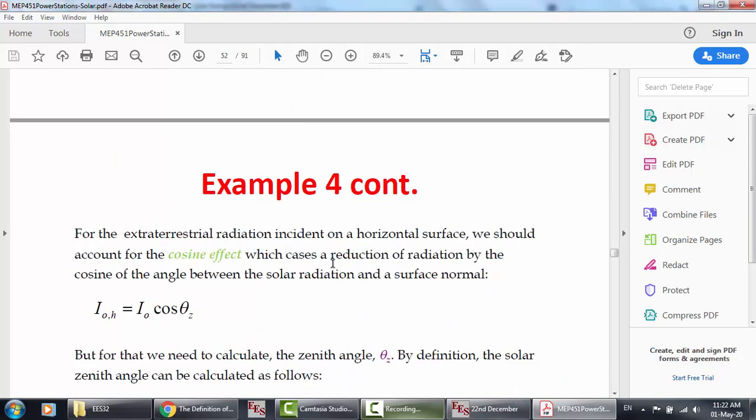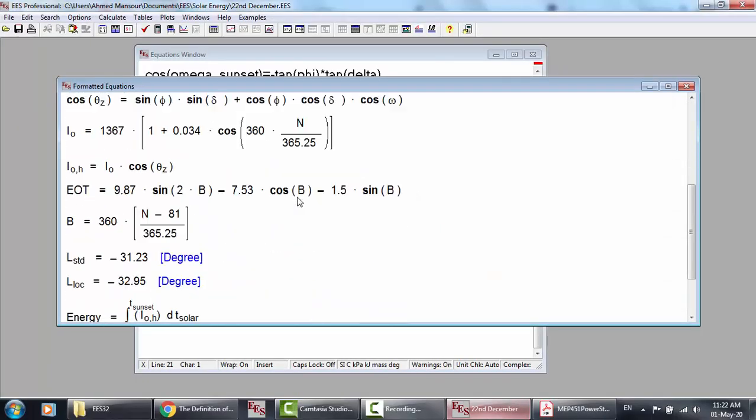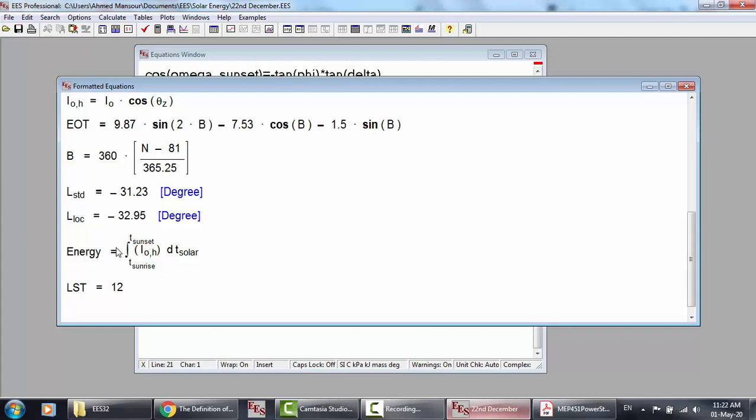we have here the extraterrestrial radiation incident on the horizontal surface, which should account for the cosine effect, which causes reduction of radiation by the cosine of the angle between the solar radiation and the surface normal. So we got here some solar equations.